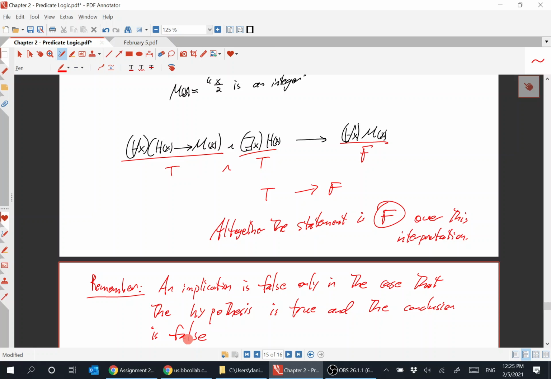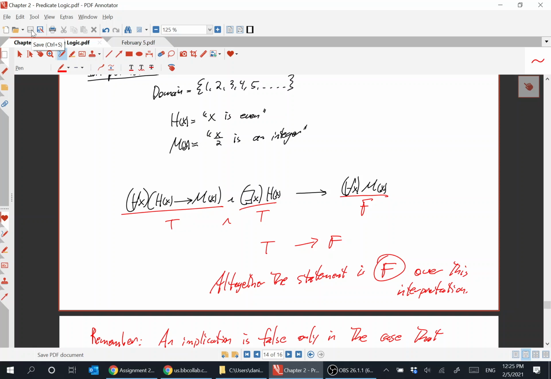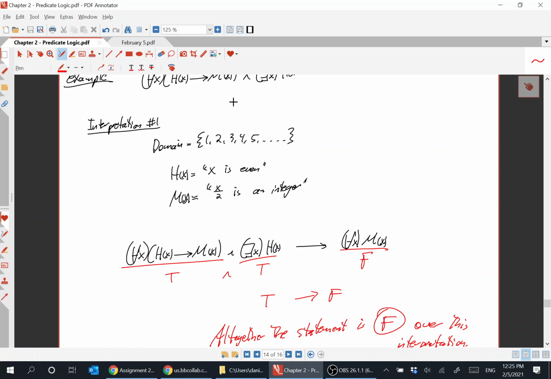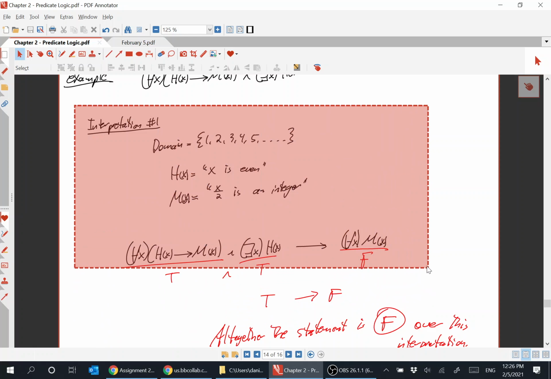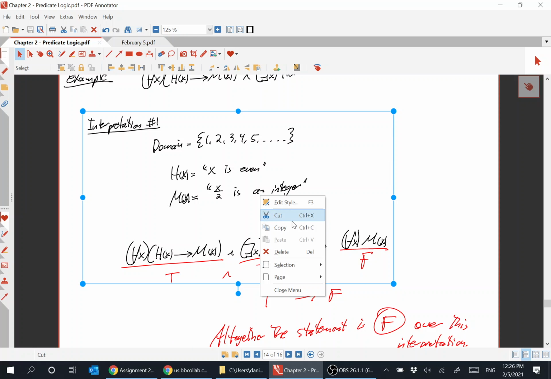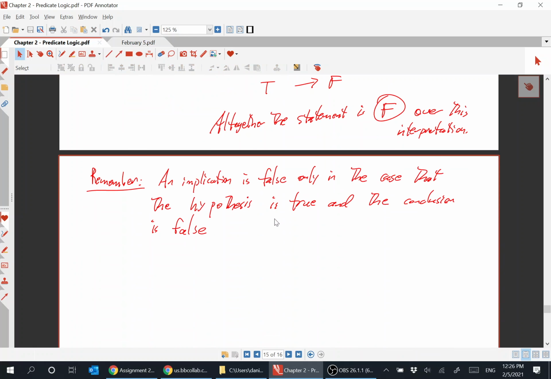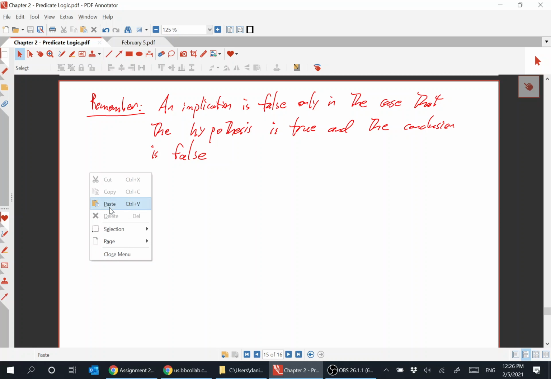All right, can you think of another interpretation under which this statement is false? We'll do one under which it's true also, but the more important one is coming up with interpretations where it's false. Why is that?